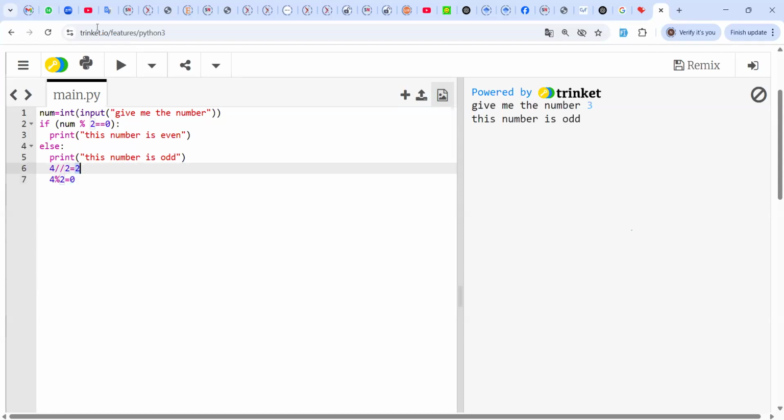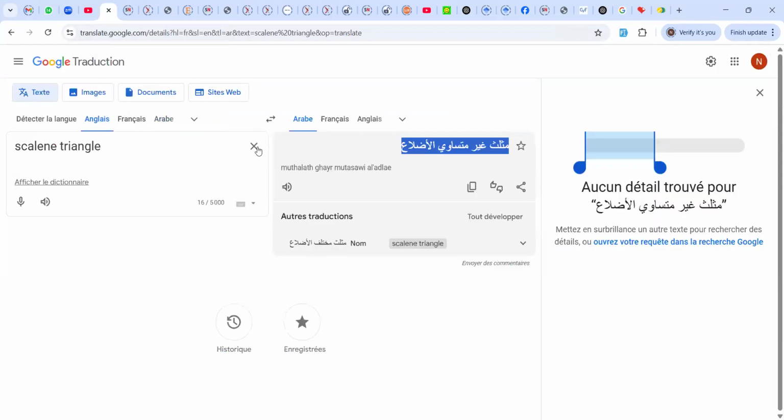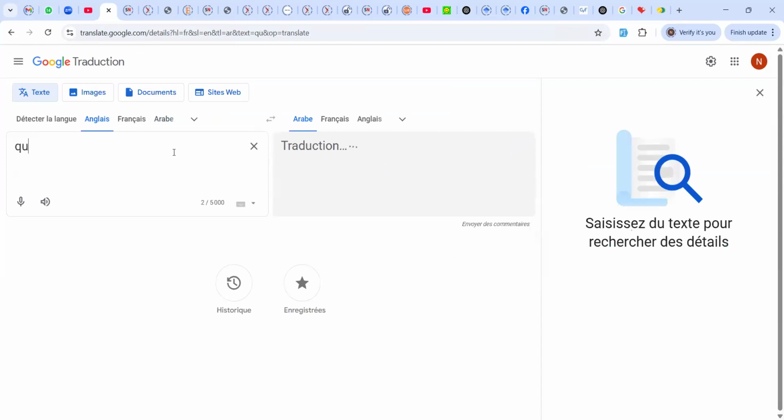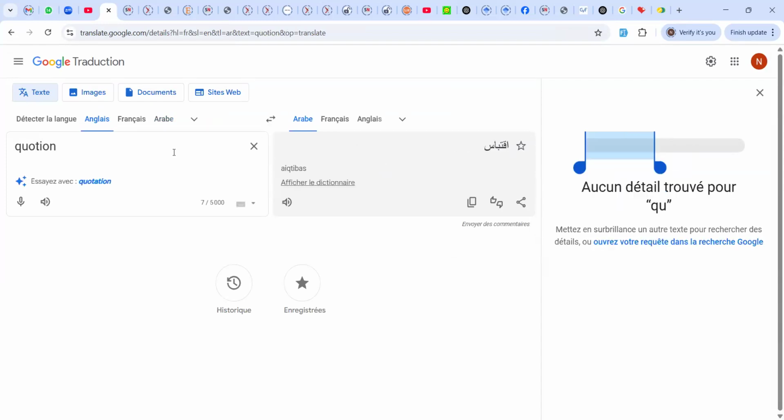I don't know how to call it. No, it's not a quotient. Quotient in French, ناتج القسمة. صحيح. I don't know.